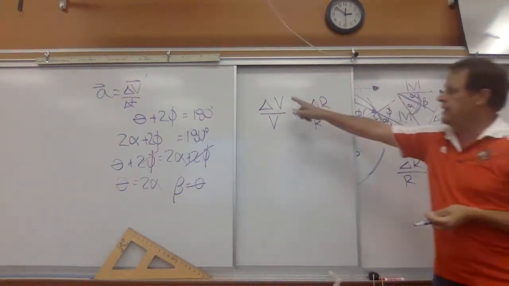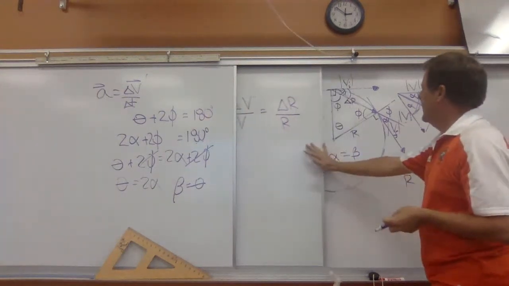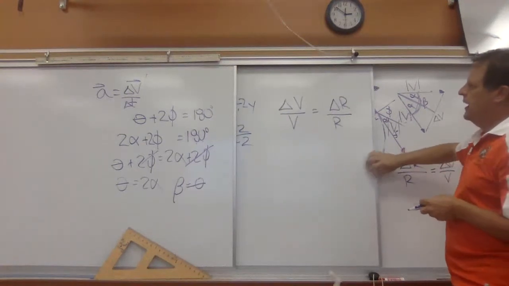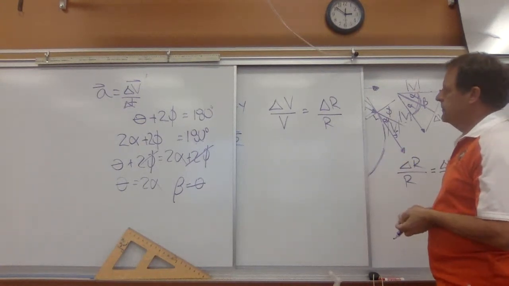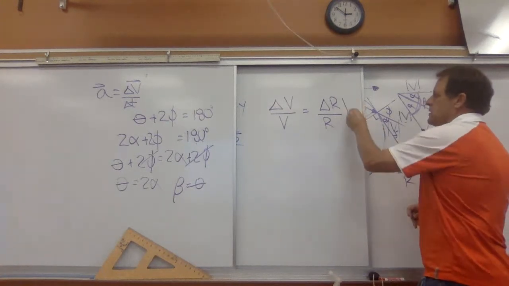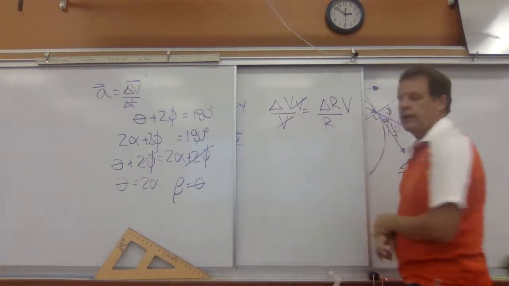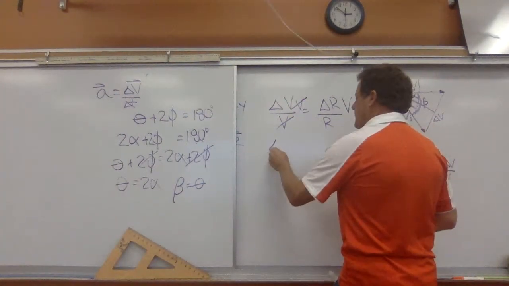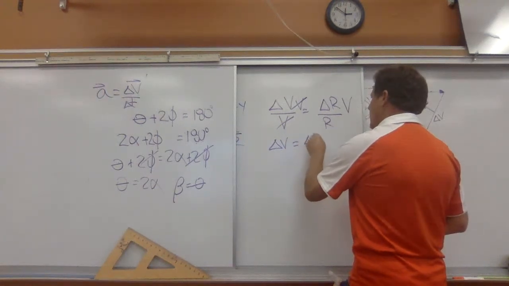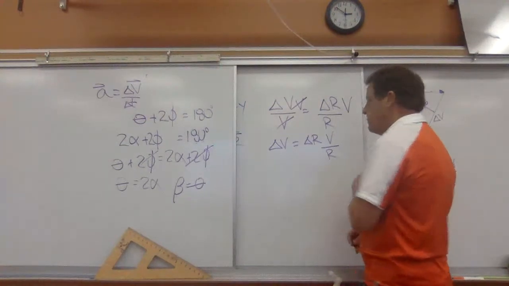The angle is proportional to the side, as the angle is proportional to the side. Now I'm going to multiply v times both sides, and that means it's going to cancel out there. So I'm going to have delta v is equal to delta r v over r.